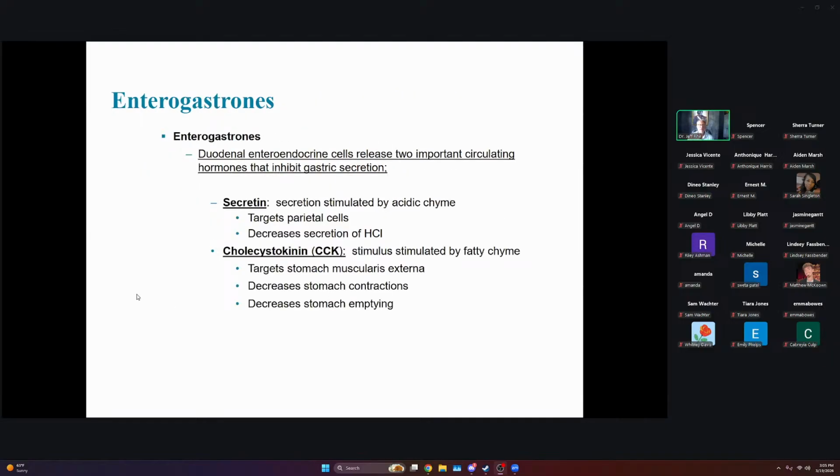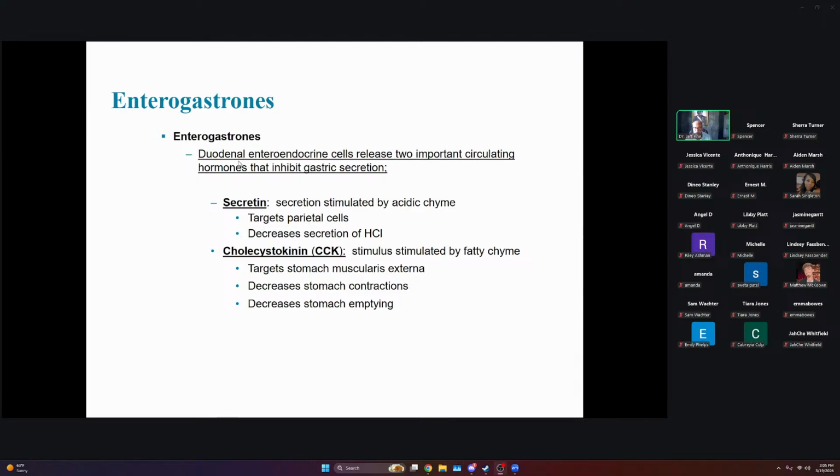All right, then we have enterogastrones. First of all, enterogastrones, we're still talking about the stomach, but these are cells that are located actually in the duodenum. And you know from lab, the duodenum is the very first segment of the three portions of the small intestine emerging off of the stomach, only about 12 inches or less in length.